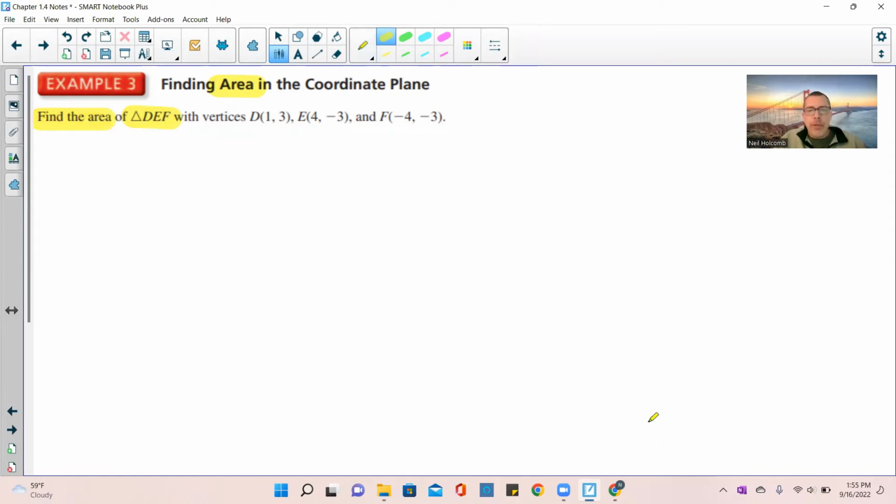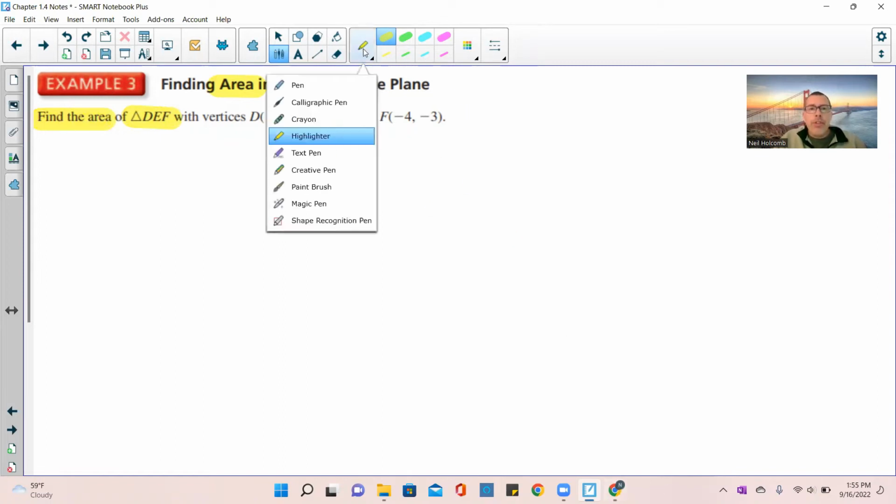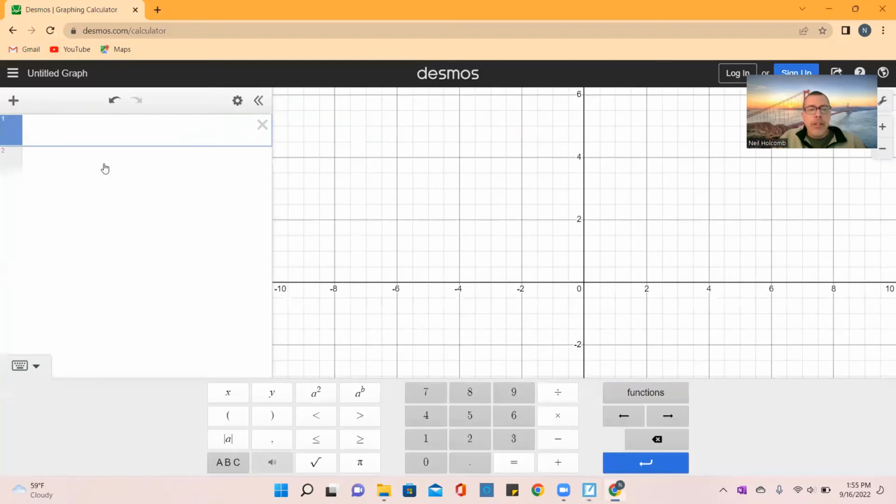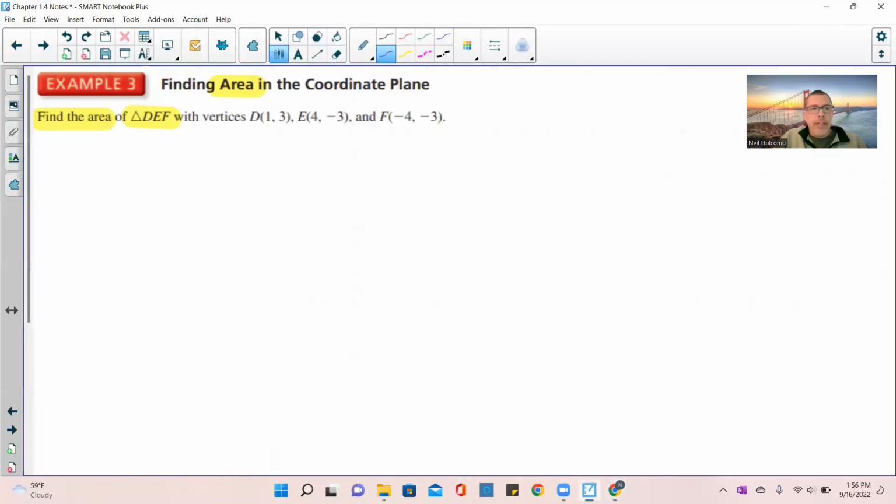Okay, so again in Desmos, I'm going to switch to Desmos and put D, 1 comma 3. So I come in here and I go 1 comma 3. All right, what was the name of that?